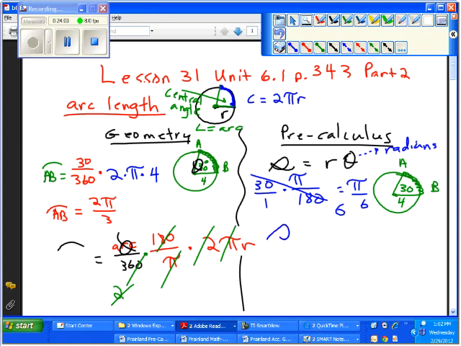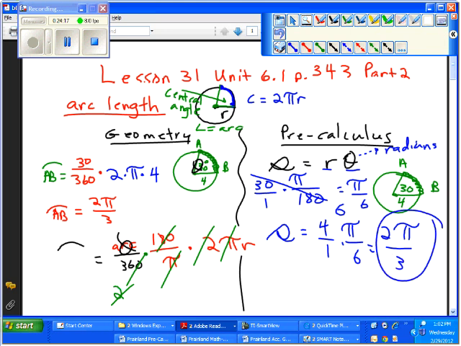And then to find my arc length, I just take radius times theta. Radius 4 times theta in radians, and I get 2 pi over 3, which was the exact same thing I got when I did all that geometry stuff.